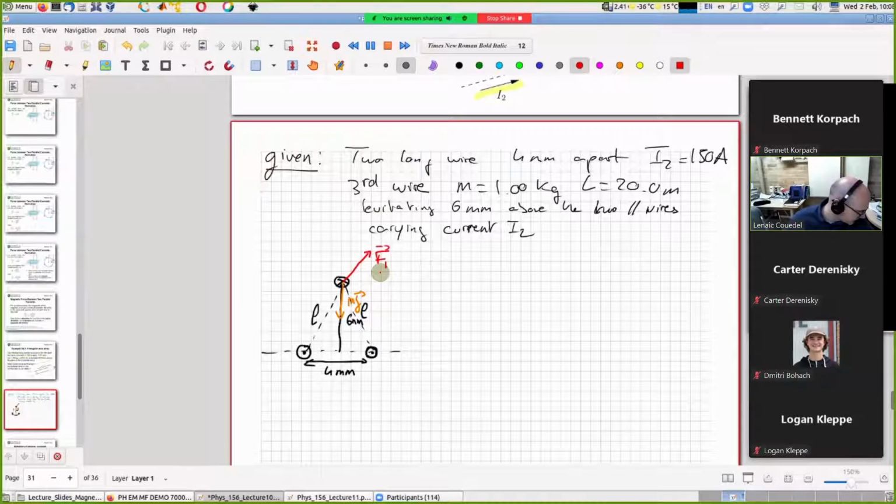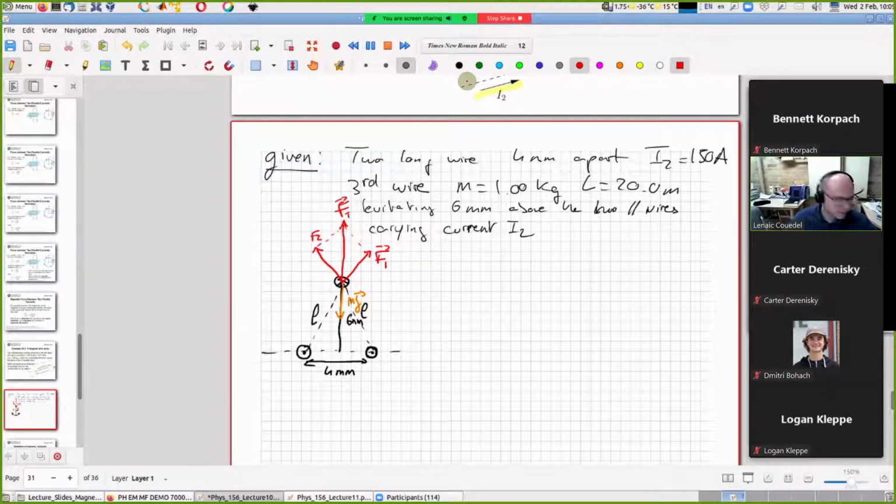And there is a repulsive force due to wire 2, which we'll call F2, and the resulting force is the vector sum of the two. So it's something like that. F total.